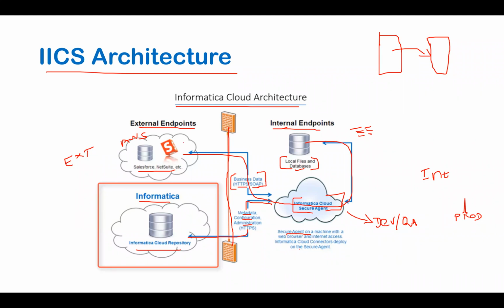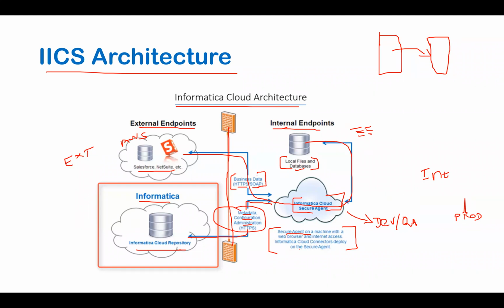In order to do this, all the metadata information will be stored in the Informatica cloud repository, and the secured connection will be established by the Informatica Cloud Secured Agent. So business data will be transferred from internal endpoints to external endpoints, and all your metadata information will be stored in Informatica Cloud.